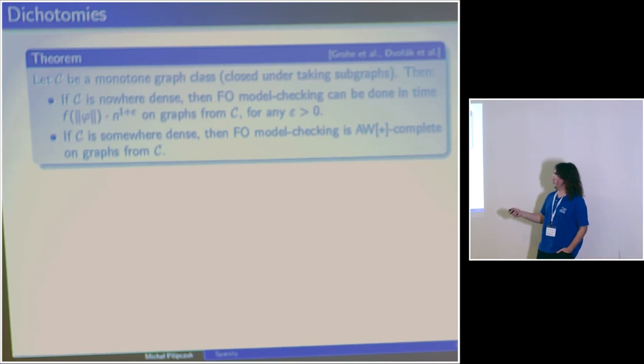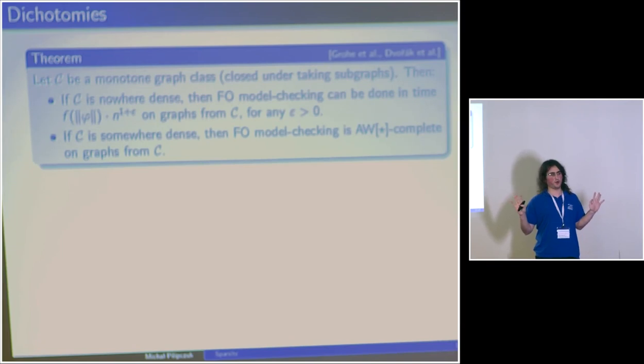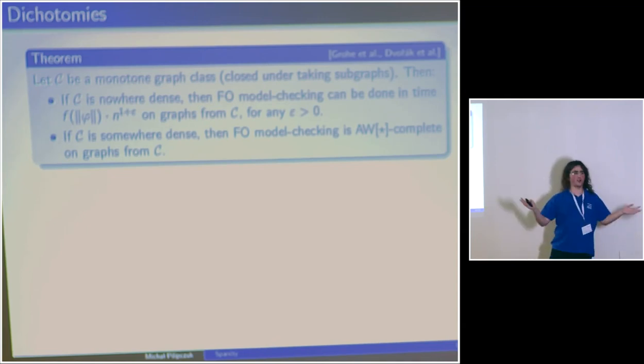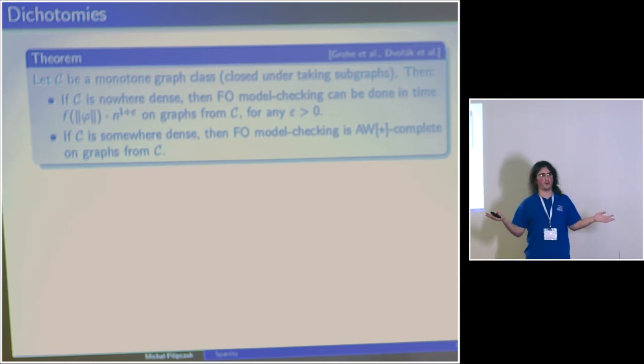So the first dichotomy, which is probably the pinnacle of algorithmic work in this theory, says the following. Suppose I've got a graph class, any graph class, provided it is closed under taking subgraphs. Then either this graph class is nowhere dense, it excludes a clique at every fixed radius, at every fixed depth, or it is somewhere dense, which is just the negation of nowhere dense.